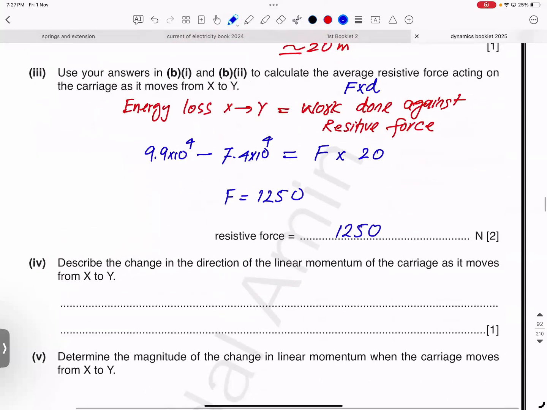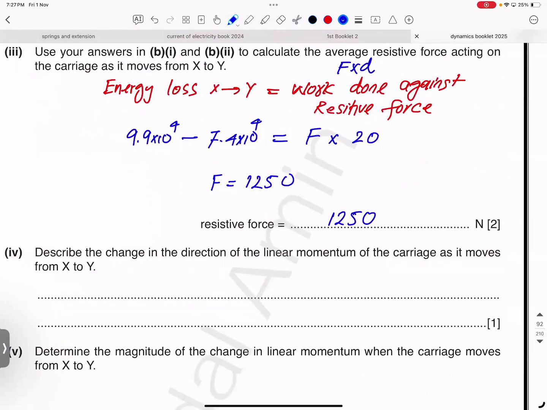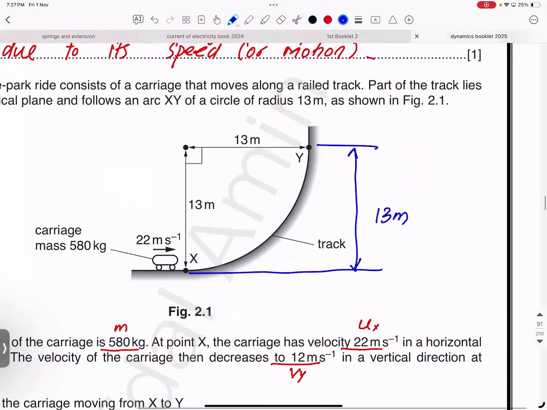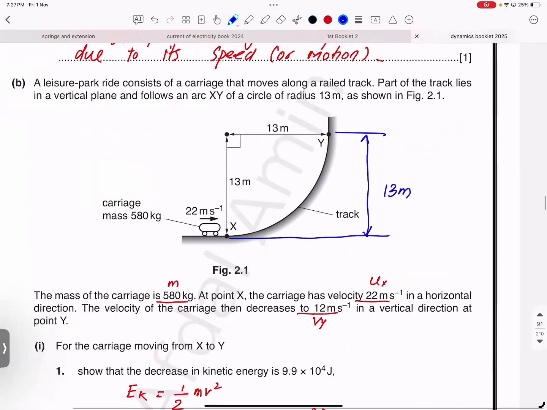Okay, describe the change in direction of linear momentum as the carriage moves. So the total change in direction is by 90 degrees, or perpendicular. Here, actually, the track lies in a vertical plane.